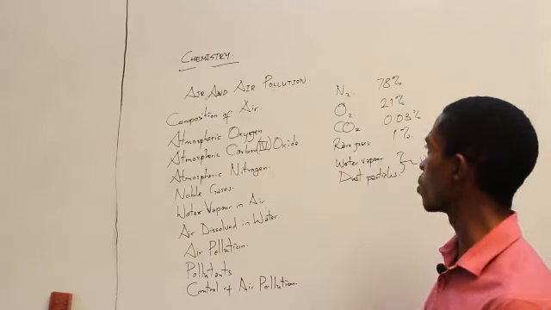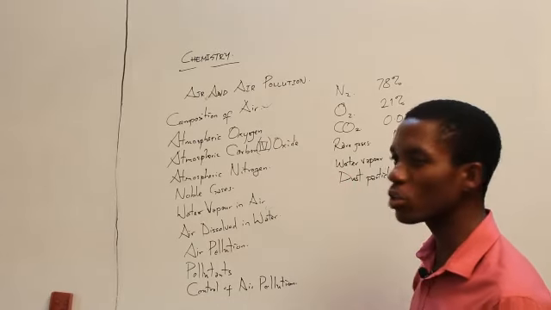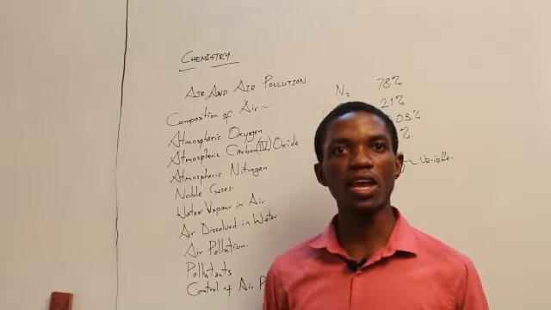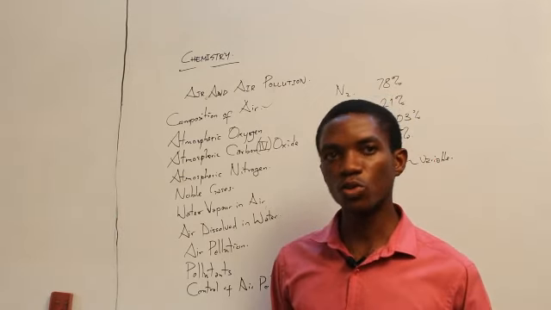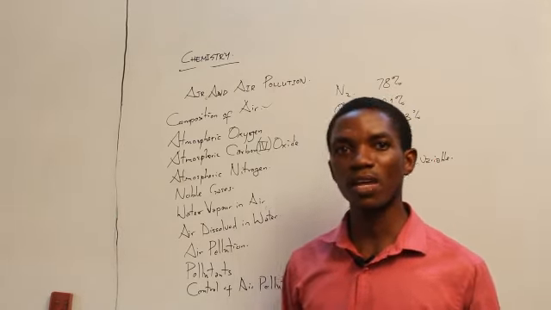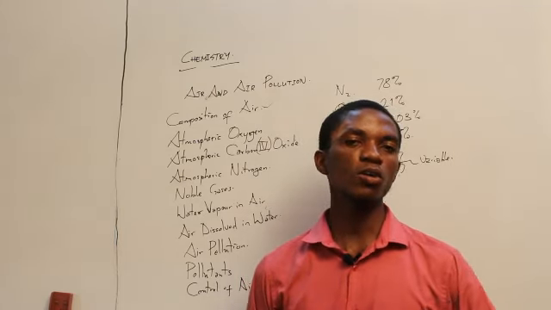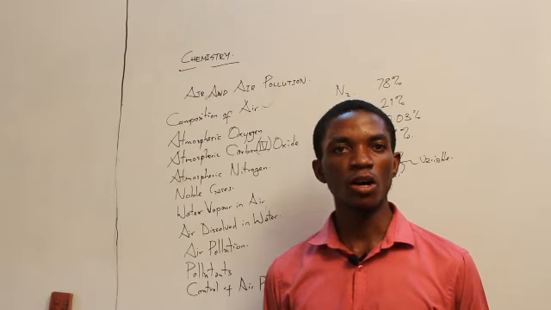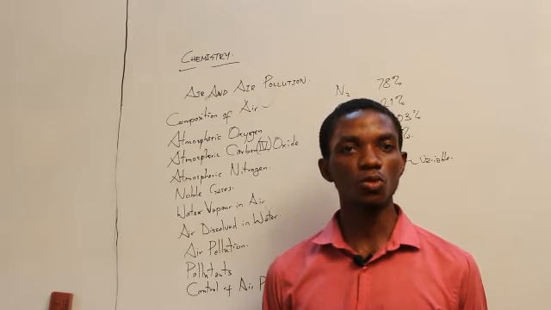So we talk about the composition of air. This is the list. So what is the function of each of these constituents of air? Let's start with oxygen. Of course, we know man, animals, plants need oxygen to survive. Oxygen is our major respiratory gas. It's the gas we inhale to keep our bodies running.